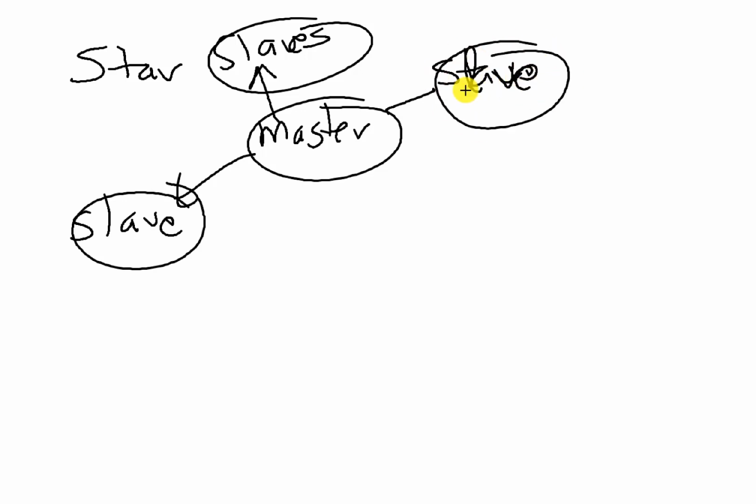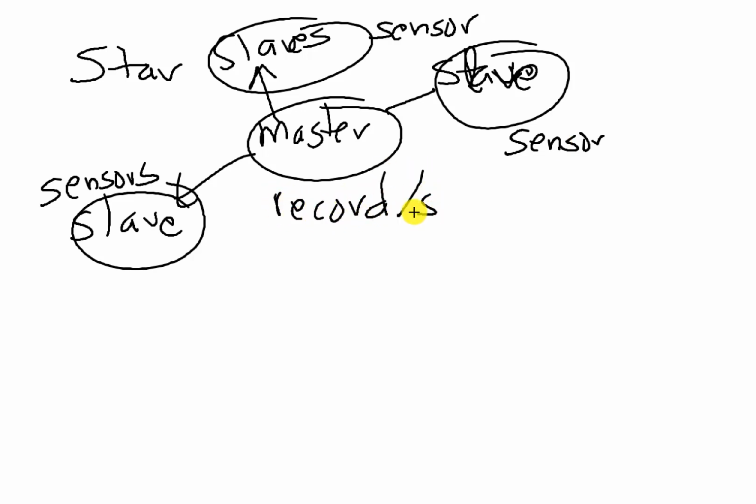In this context, let's say we had a sensor network where these might be sensor nodes that are collecting data, and they're connected up to a master recorder. This is going to record or save the data. Now it may be connected to the internet. This is a classic way to do it, and a lot of protocols will handle this master-slave.